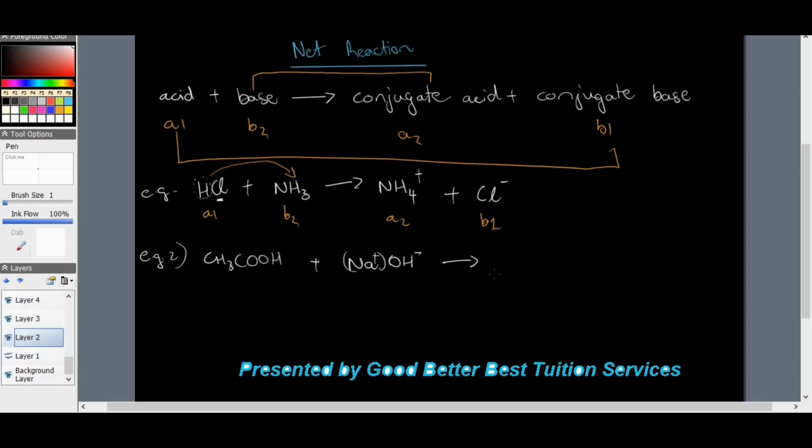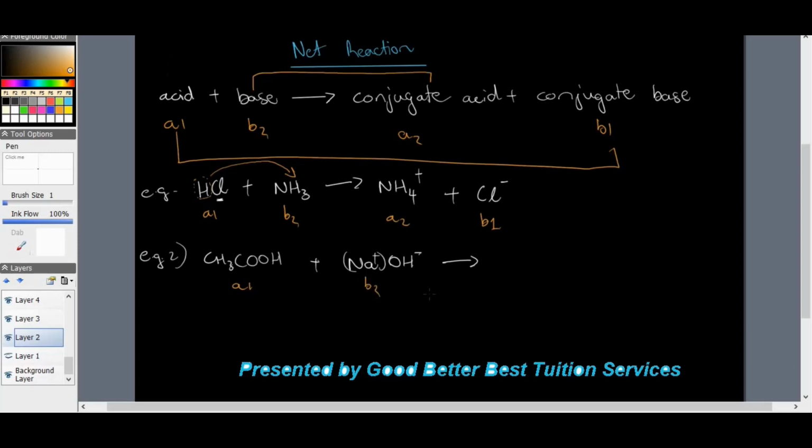So I know my acid is acetic acid, so this is definitely A1. Let's change color. And I know that this is definitely B2 because it's got hydroxide in, and hydroxide is a base. And it's got sodium. I know sodium hydroxide is a base as well on my list of bases, so that becomes B2.